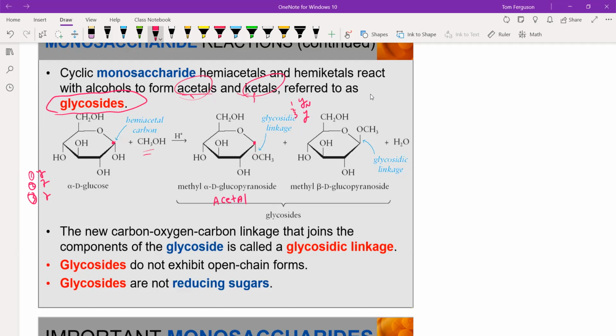Now, because it can exist as an alpha or beta, it's going to be up or down. Now, in our class, if it starts off as alpha going down, you're going to form an alpha. It's going to stay an alpha linkage. We're not going to have it go up and down, okay?